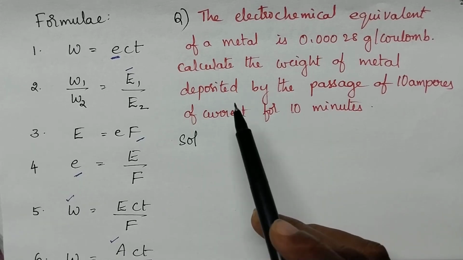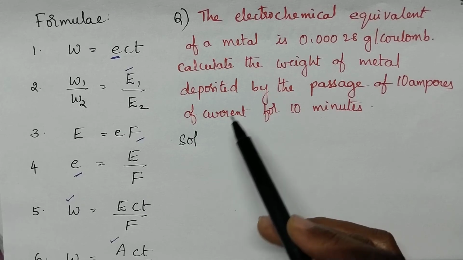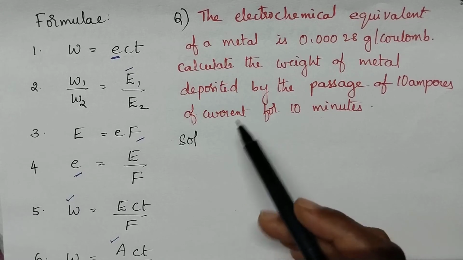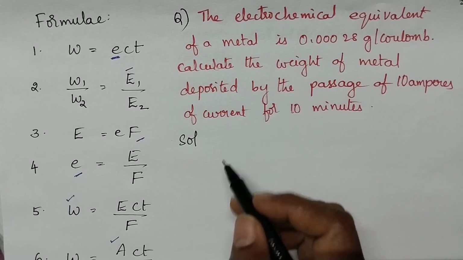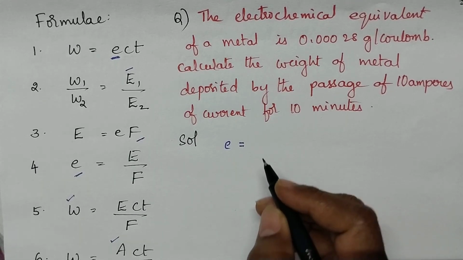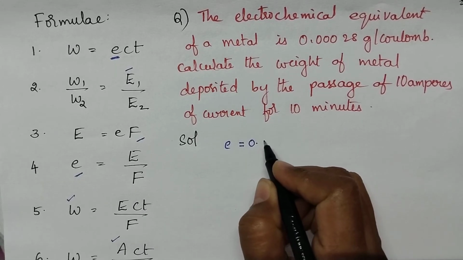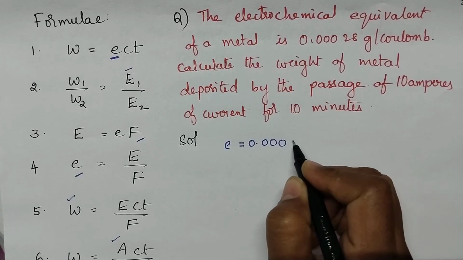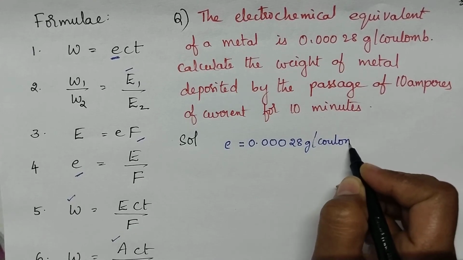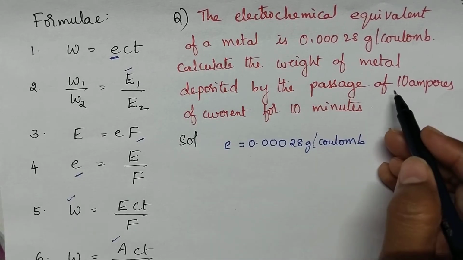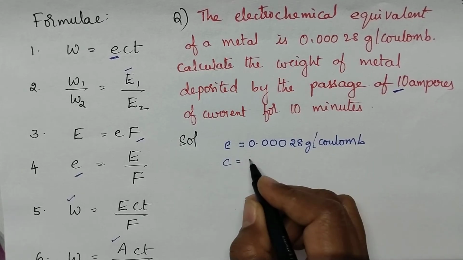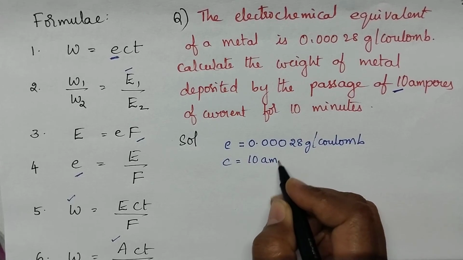Initially, after reading the problem, we have to write what terms are given and what we are supposed to calculate. So what are the terms given to us? Small e, the electrochemical equivalent of the metal, is equal to 0.00028 gram per coulomb. And how much current is passed? That is C, 10 amperes.